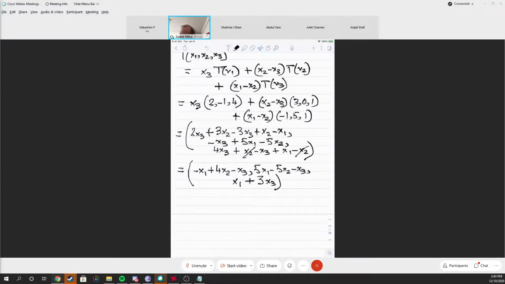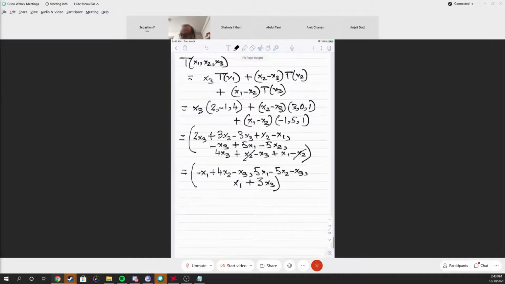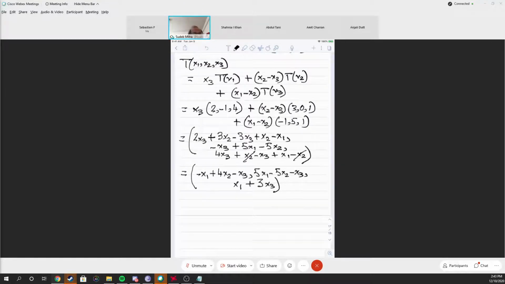So the first part of your answer therefore is, so let's see, and what do you want to find? T of (2, 4, minus 1).